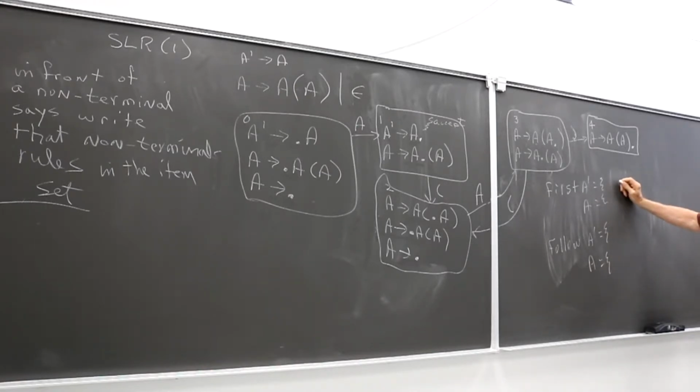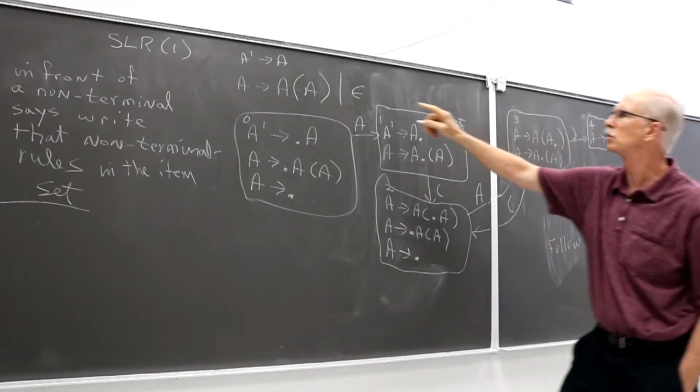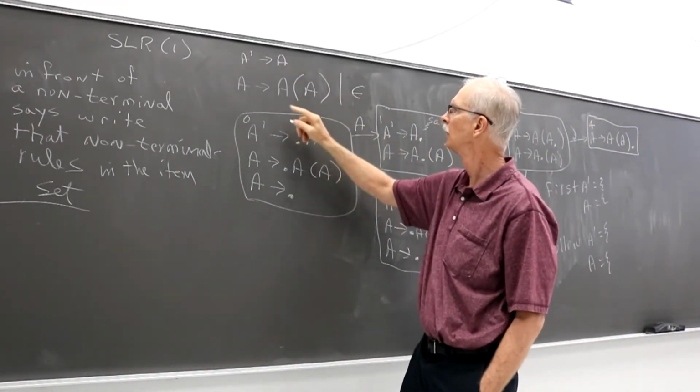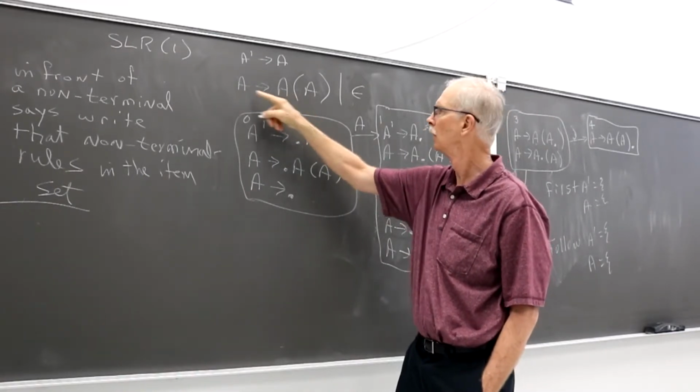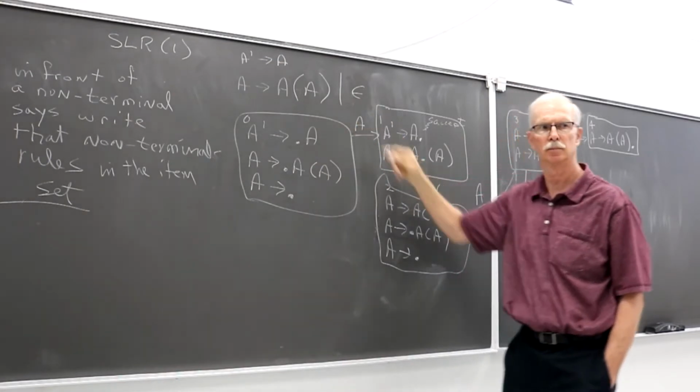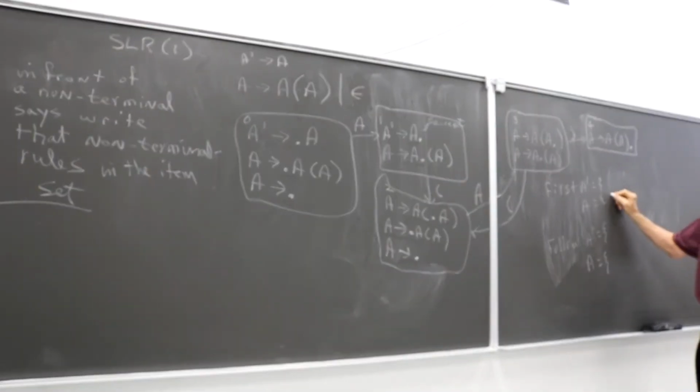So, the first of A prime is the first of A. The first of A is empty. Okay? So we get an empty.